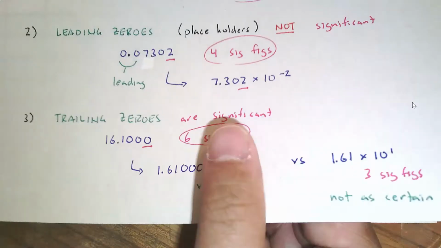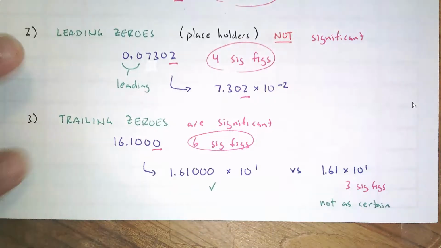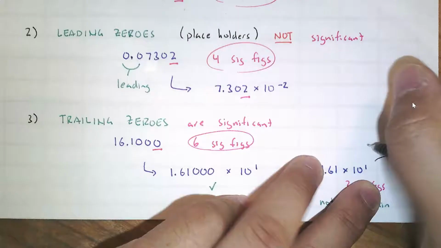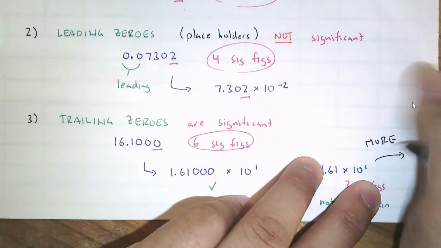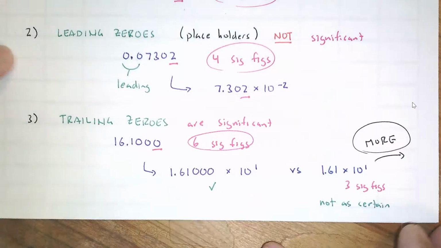There's more. How do I show this? There's more to trailing zeros on the next page. Because we could also have a trailing 0 that's not after the decimal point. What do we do there? Are those really placeholders or not?